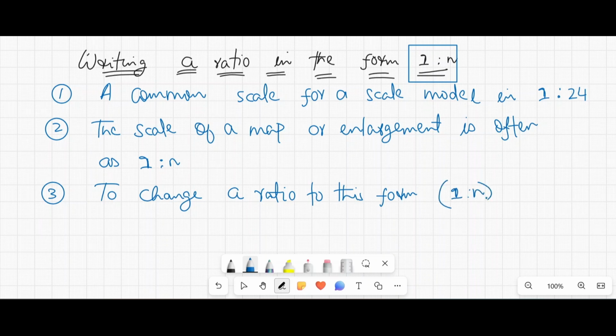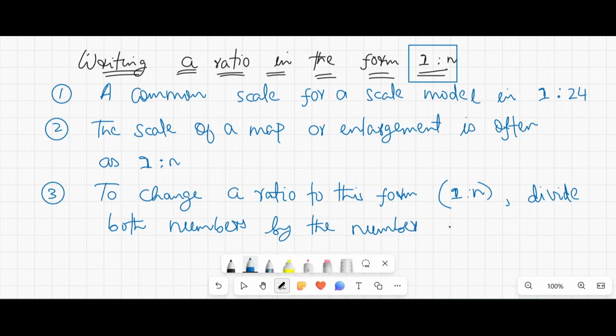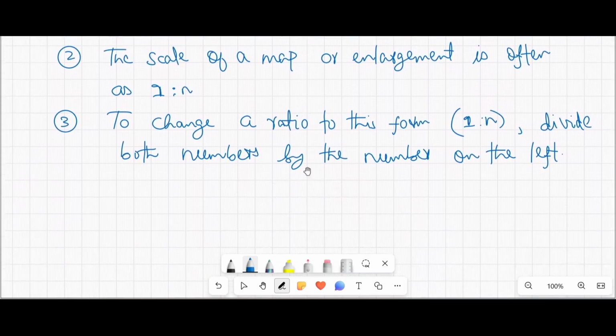To change a ratio to the form 1:n, you first have to divide both numbers by the number on the left. The number which appears on the left, you have to divide the whole ratio by.